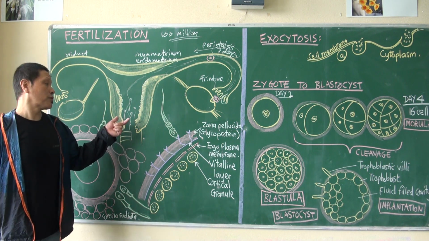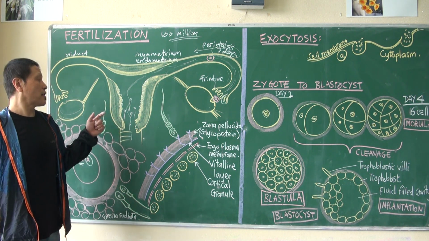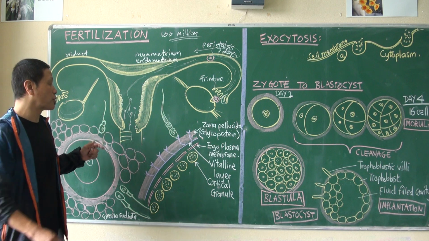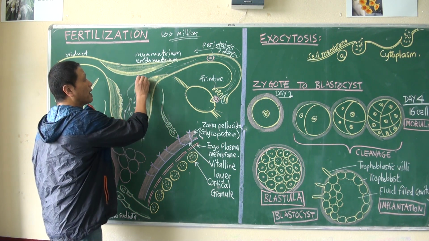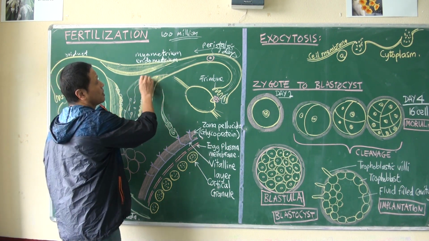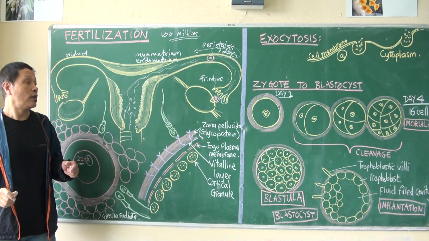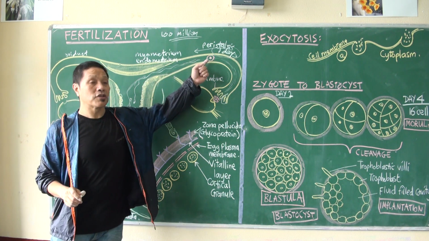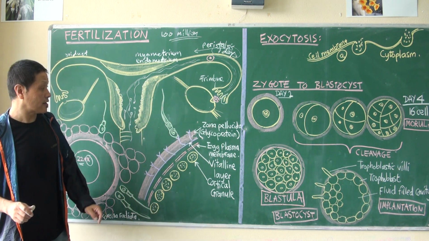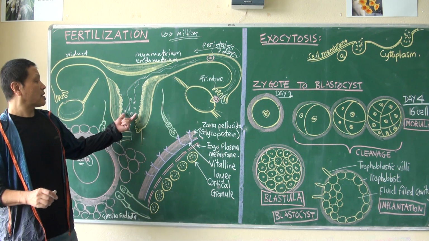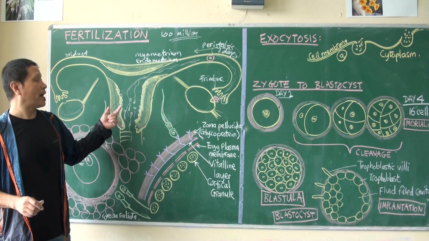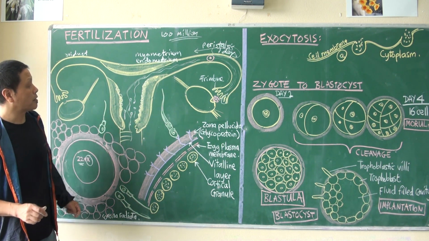Why so many sperm cells? This is a way in which nature tries to take the healthiest sperm cell to reach the egg cell and fertilize it. So it's only the healthiest cell which eventually reaches the egg cell. Most of these sperm cells die in the acidic condition of the female reproductive tract.